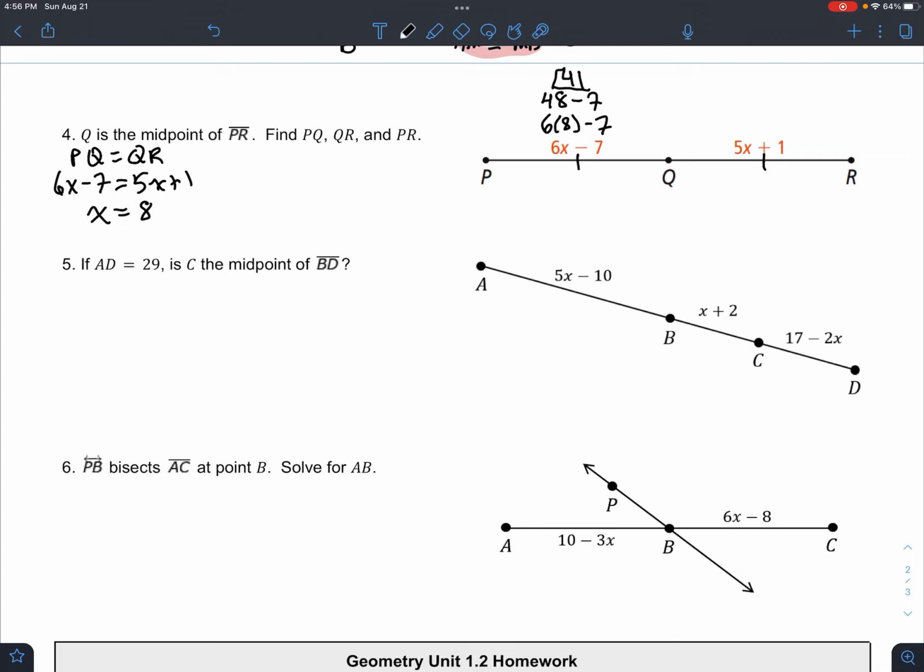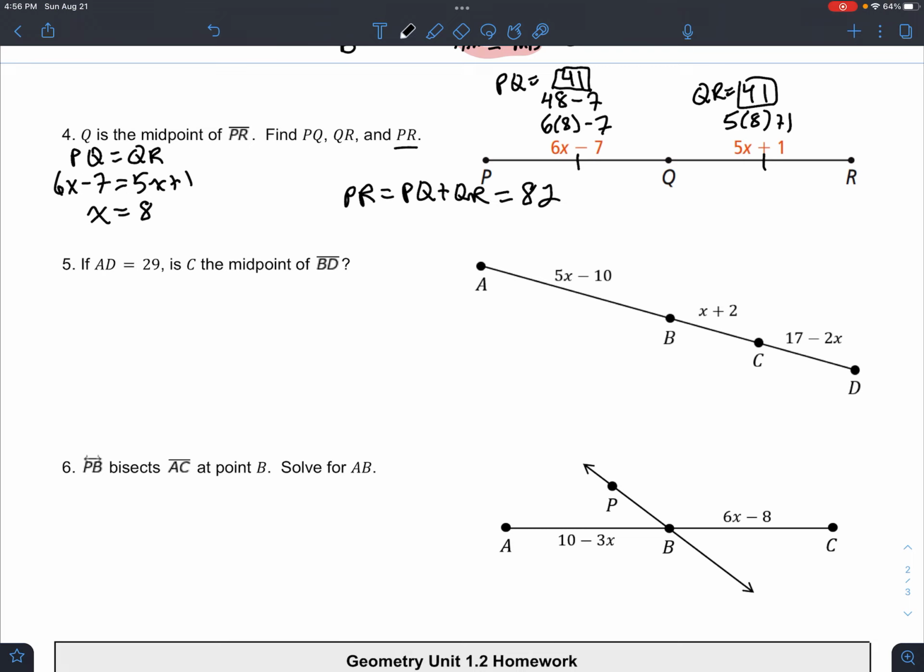This makes sense to me to just put it right next to the picture. It's 41, so PQ is 41. I'm going to plug in 8 here as well, and that's 41. QR is 41, which makes sense because there was a midpoint and it cut it into 2 equal parts. And then PR, we know by the segment addition postulate is the 2 parts added together, which in this case is going to be 82.